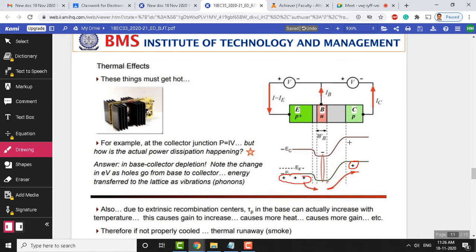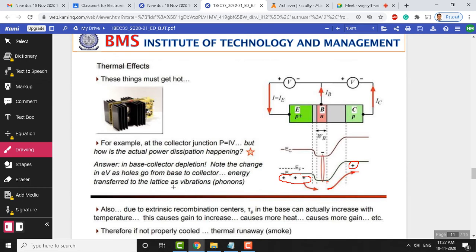Okay. So, the VI product is very important in the collector junction here. This is the actual power dissipating within the collector base junction, due to the holes giving up energy when they move from the lower energy state to the higher energy state. Even due to the lot of defects within the atoms also, as we have seen in module 1, the holes, when they are moving, collide with a lot of defects and also dissipate energy.